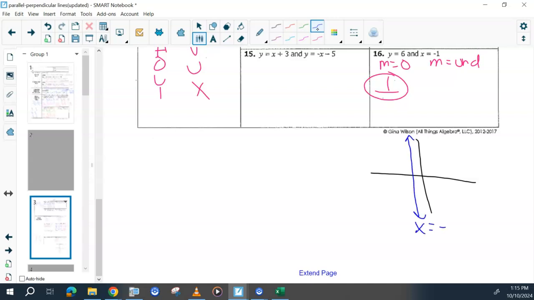You don't need to. Draw in that horizontal and vertical line. They cross and make that T, so I can see that those are perpendicular.